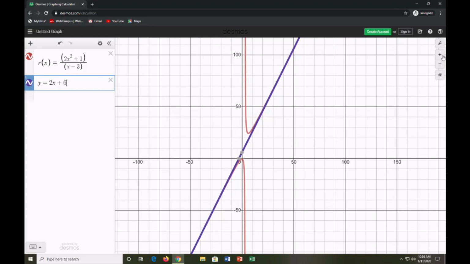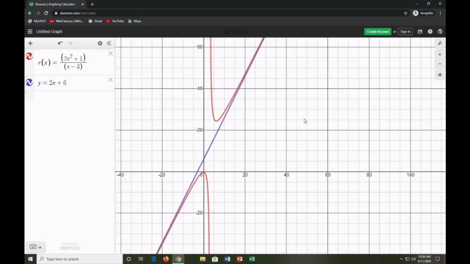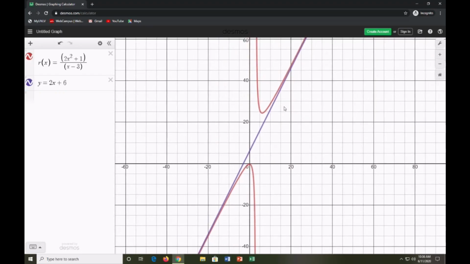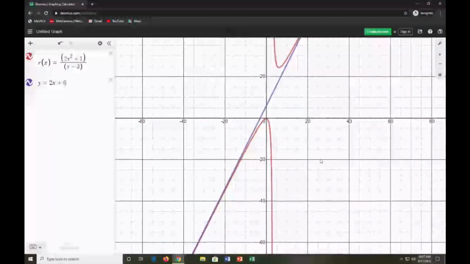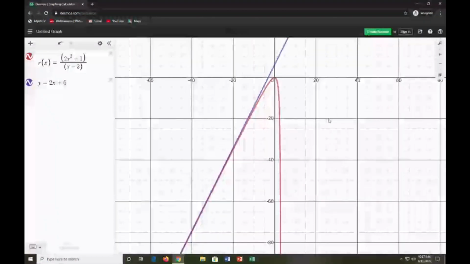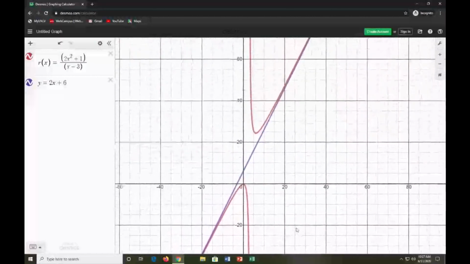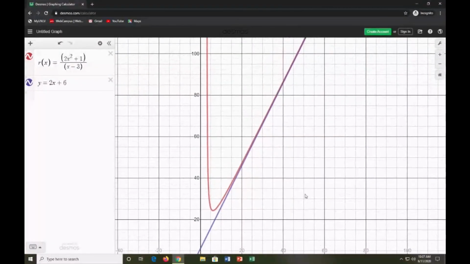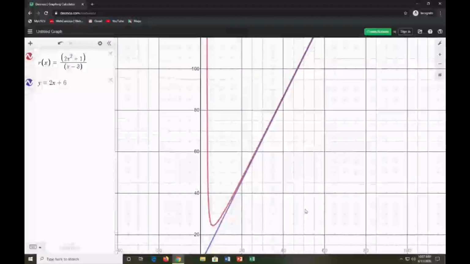We can zoom into it if you like. Do you see that? The purple line, that straight line is the slant asymptote. And look at the behavior of the graph of the rational function with respect to that purple line. Look at it. They get very close to each other, but they do not touch, right?